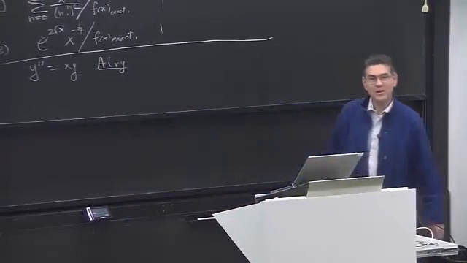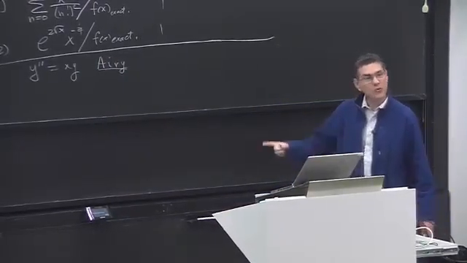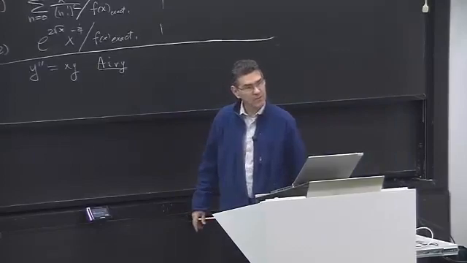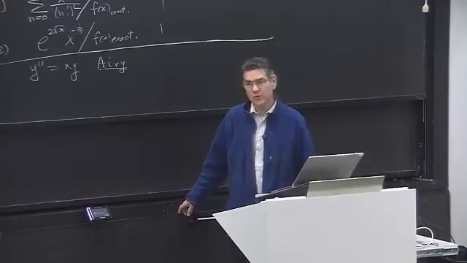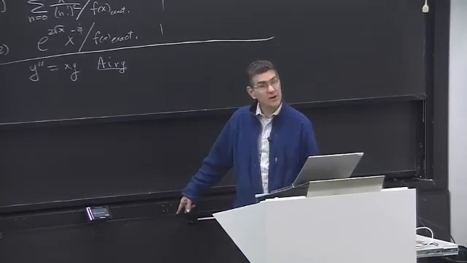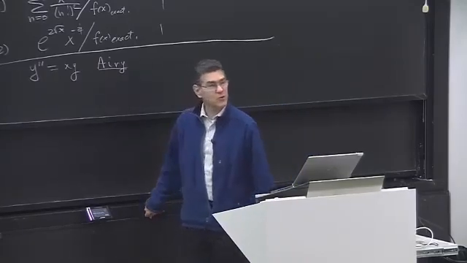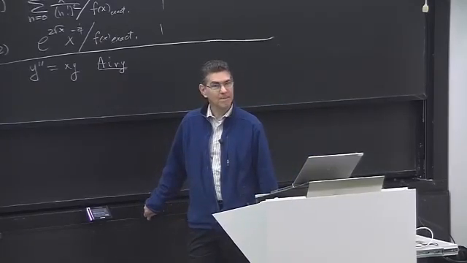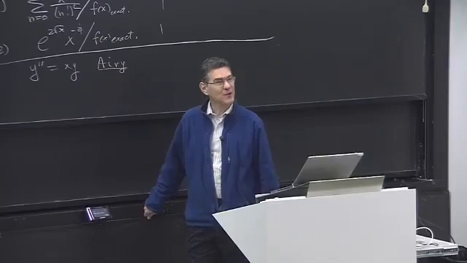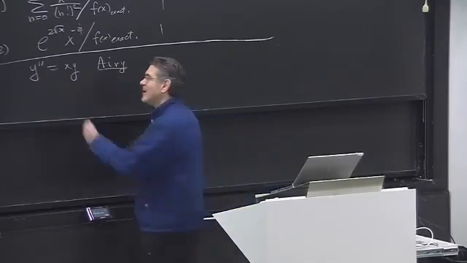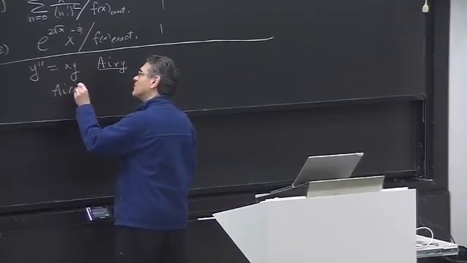And believe it or not, the solution, there are two, of course, this is a second order equation. There are two solutions to this equation, two linearly independent solutions. One solution is called an Airy function, and it's written Ai of x.